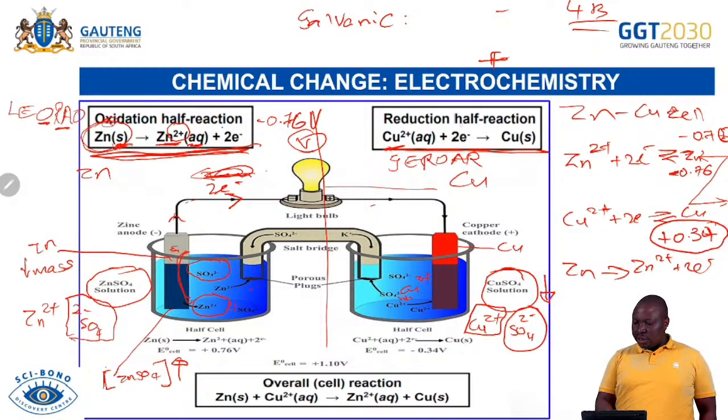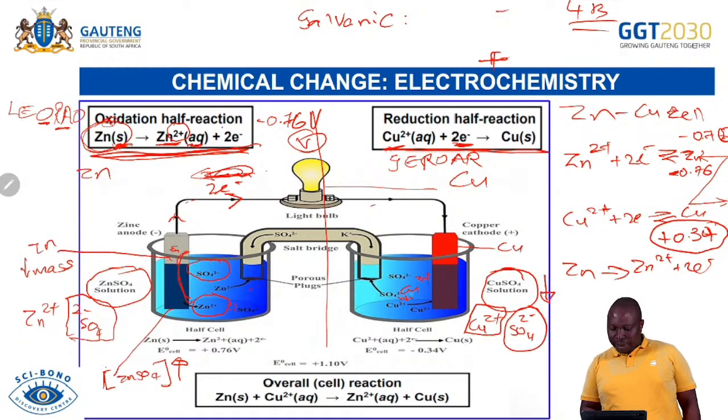Why? Because it's reacting with the 2 electrons that are lost by zinc. The same electrons lost by zinc are being gained by copper 2+, which is the solution, the electrolyte. Our solution now will decrease. So the concentration of the electrolyte will decrease this side.